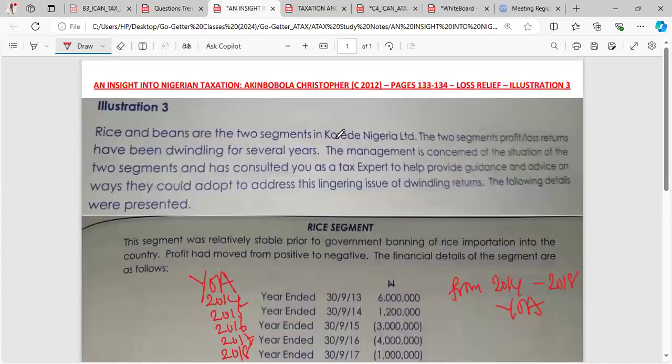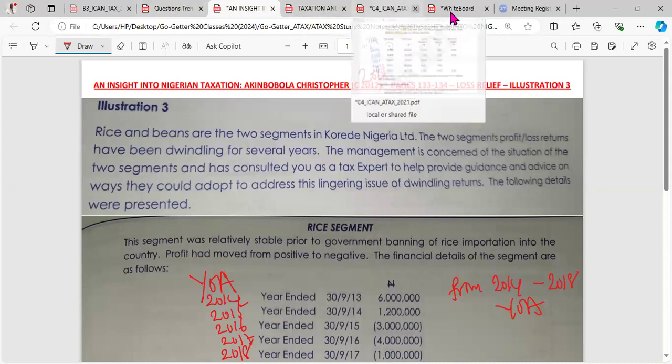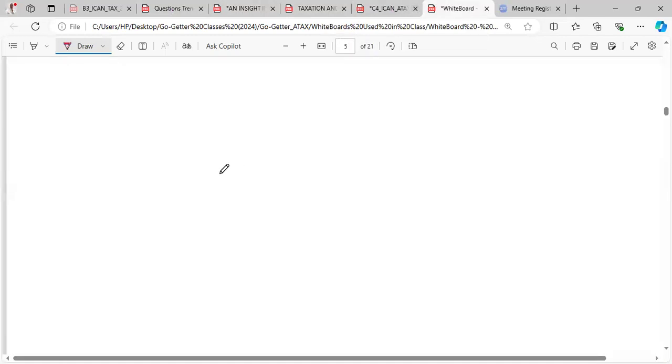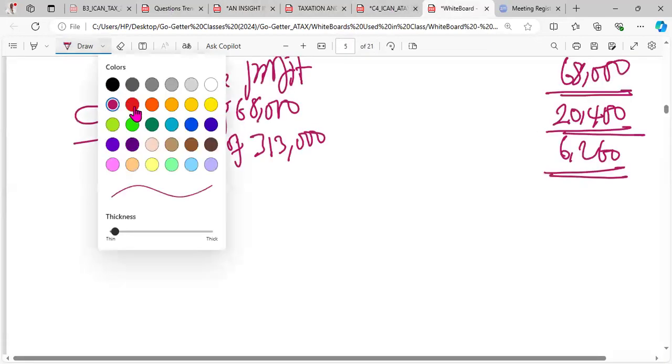Korede Nigeria Limited is the name of the question, and this is taken from an advanced tax textbook by Akinbola Christopher, 2021 edition, pages 133 to 134. So let's take a different color.